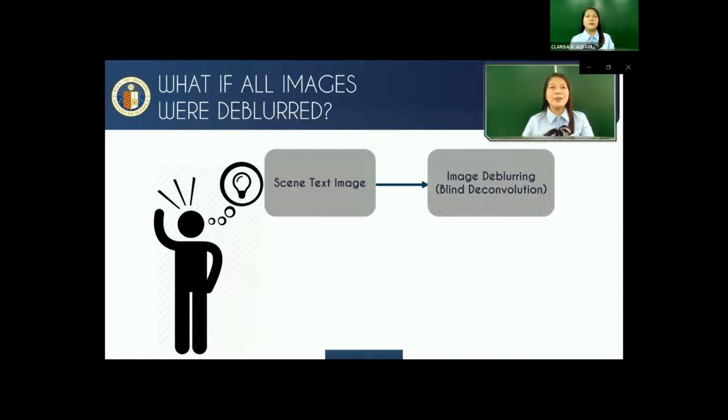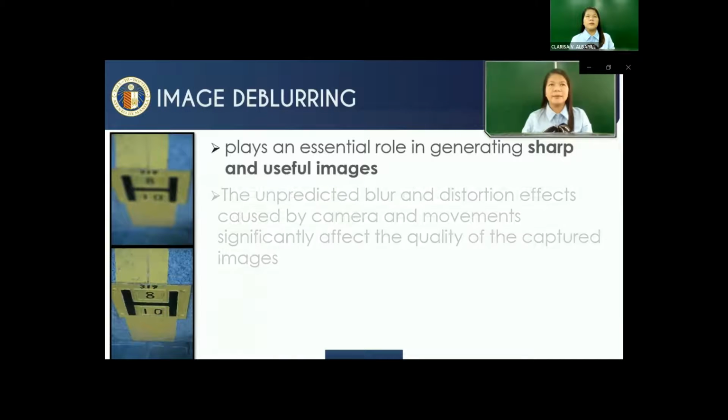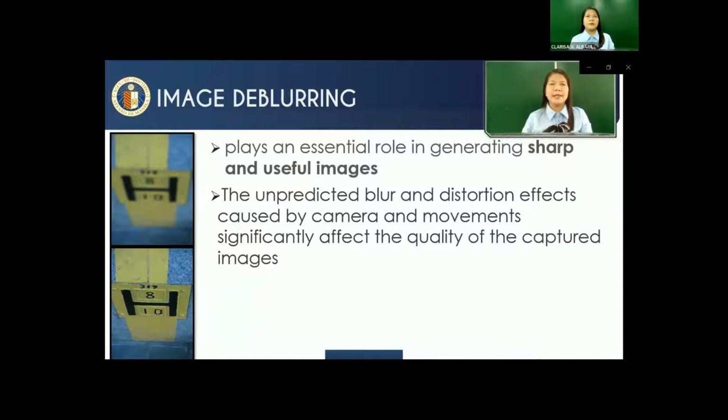What if all images were deblurred? Image deblurring plays an essential role in generating sharp and useful images. The unprecedented blur and distortion effects caused by camera and object movements significantly affect the quality of the captured images. Thus, text deblurring plays an essential role in generating sharp and useful images.